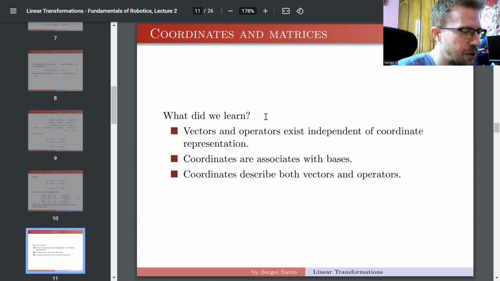You can think directly about vectors and operators. Second, coordinates are associated with bases. So if you want coordinates, you have to have a basis. And coordinates describe both vectors and operators. Okay, good.